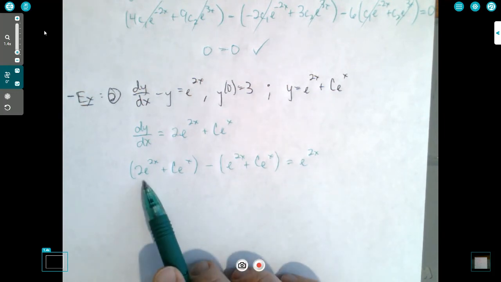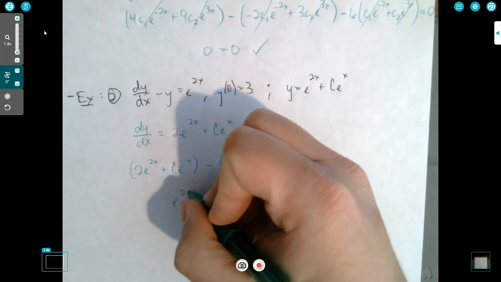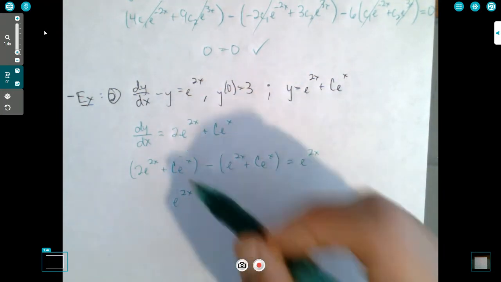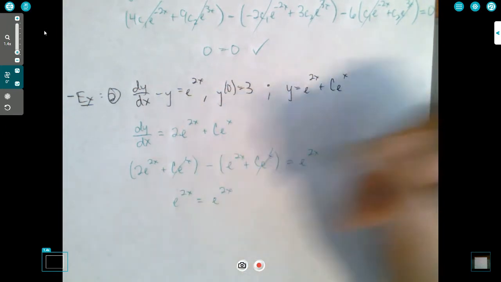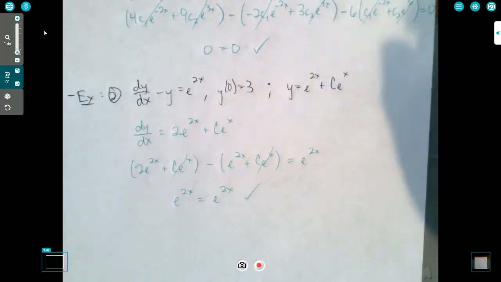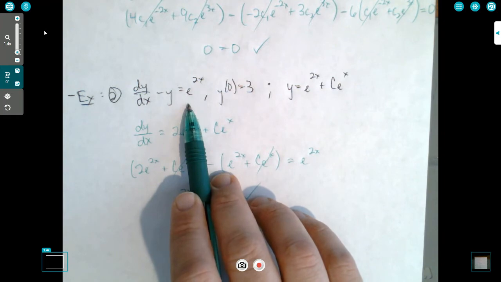Well, 2e to the 2x minus e to the 2x will sure enough give us e to the 2x. c e to the x minus c e to the x will cancel. And so we just get the identity e to the 2x equals e to the 2x, which is of course true. So this is a general solution to this differential equation.